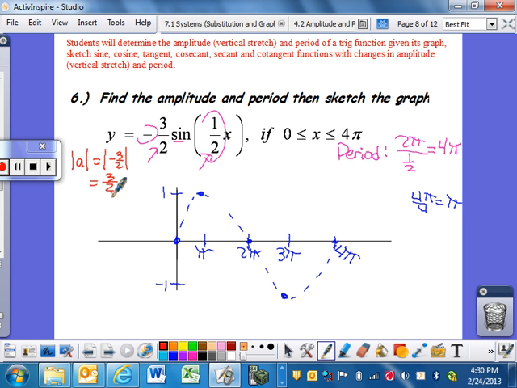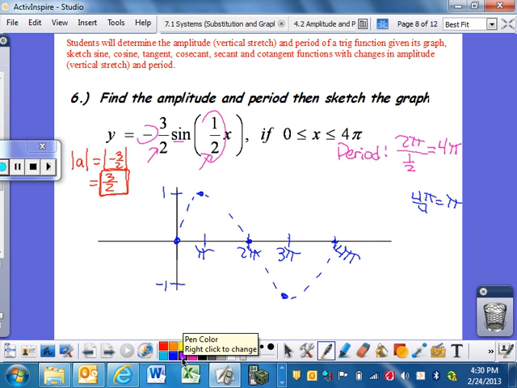So if I ever ask you on a test or a quiz or any homework problem, what is the amplitude? You must give me the positive answer. The issue is this. What happens when the negative's on there? What does that do to your graph? Amplitude refers to just how far is this thing stretched. I could care less where it goes. That's why it's the positive version. But this negative just causes my graph to flip upside down.